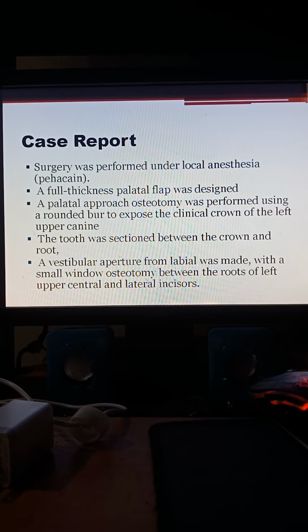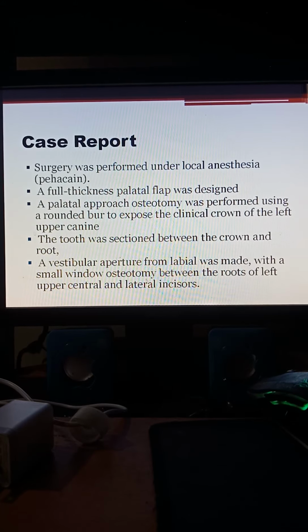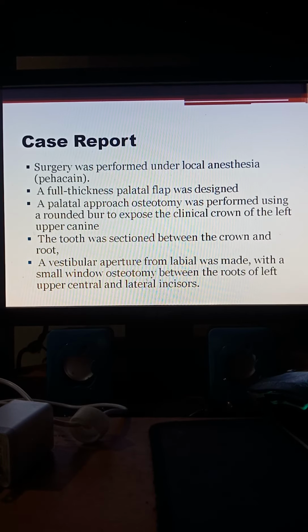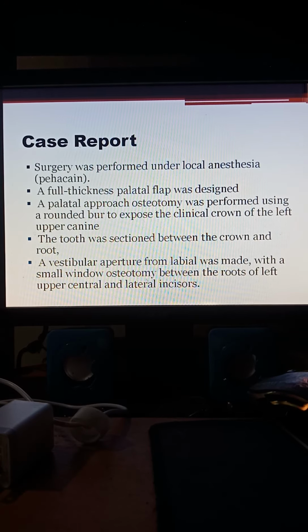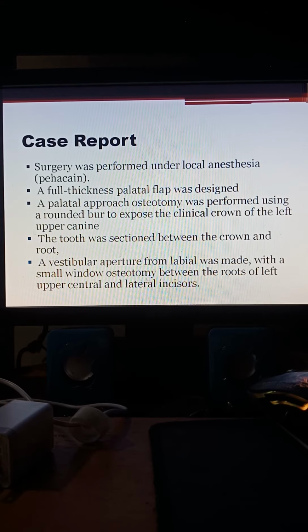Surgery was performed under local anesthesia. A full-thickness palatal flap was designed. A palatal approach osteotomy was performed using a round burr to expose the clinical crown of the left upper canine. The tooth was sectioned between the crown and root, and a vestibular aperture from labial was made with a small window osteotomy between the roots of the left upper central and lateral incisors.